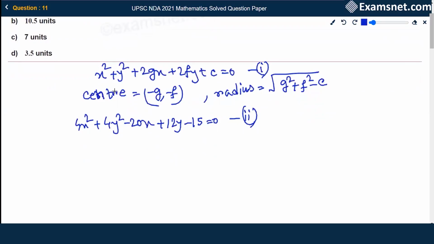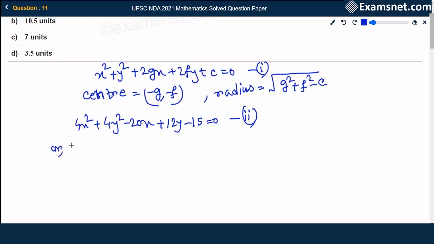You can see that in the general form, the coefficient of x² and y² is 1. So to get the same form, we need to make the coefficient of x² and y² equal to 1. How can we do that?